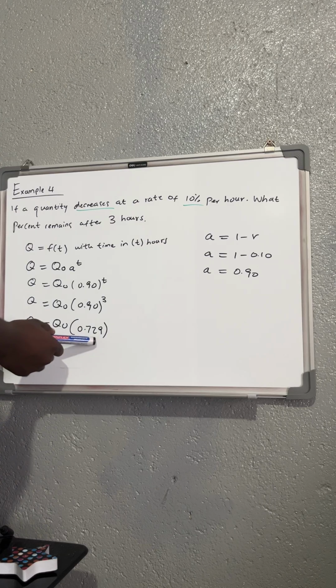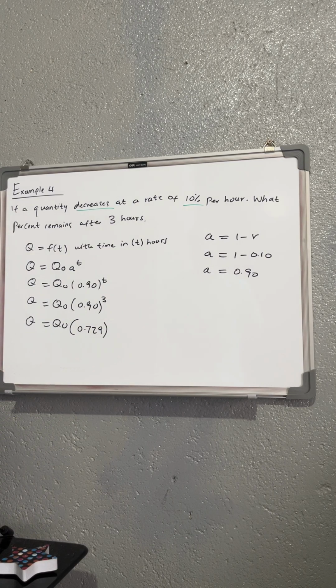Which basically you just take this value and multiply it by 100. Then I think, yeah, it will give you something like 72.9%. But since I don't have a calculator, you will confirm on your side.